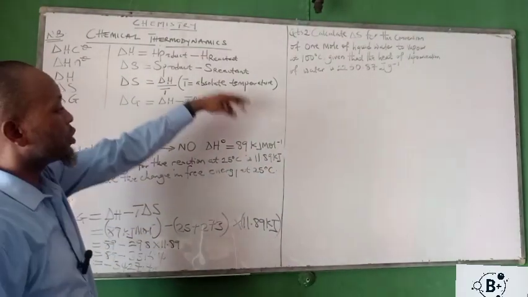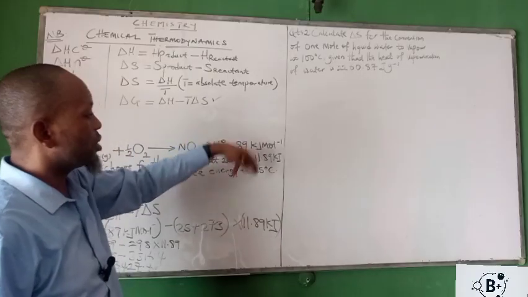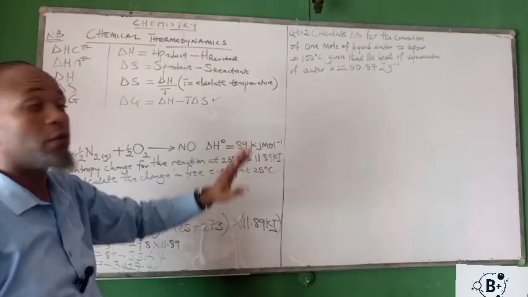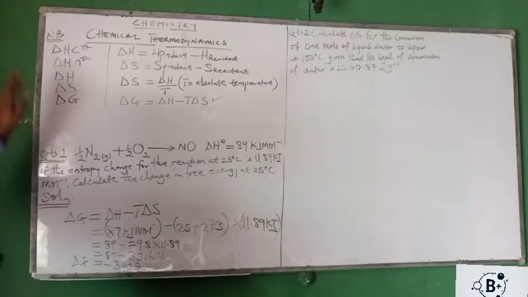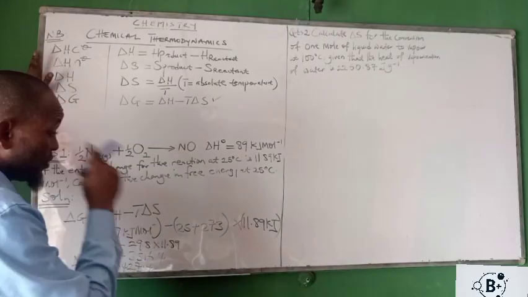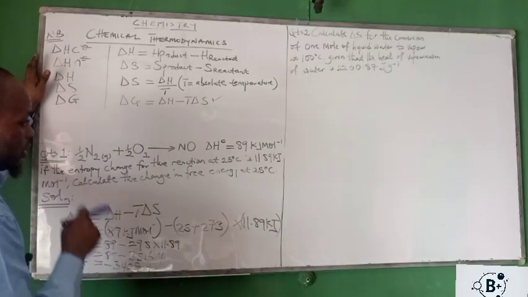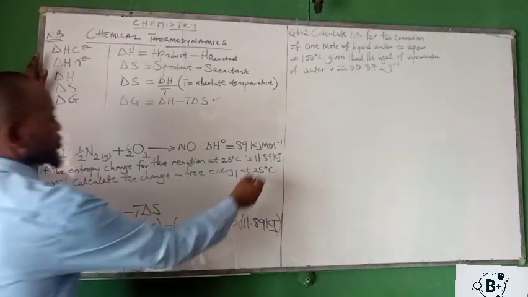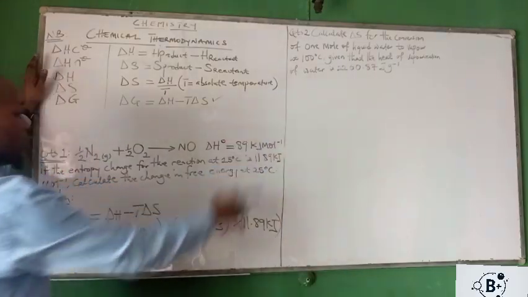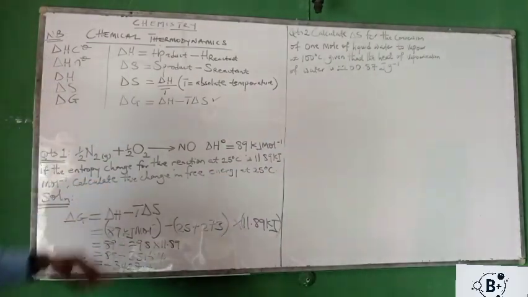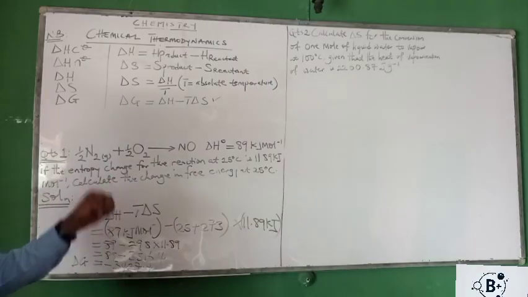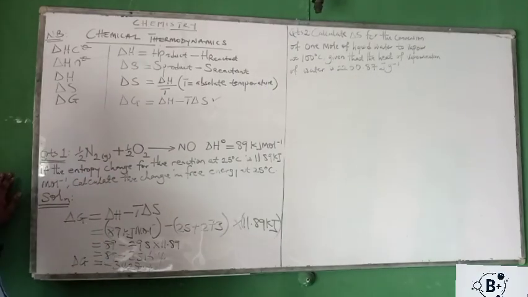If one of them is in kilojoule and the other one is in joule, it will be safe for you to convert everything to joule. Or if it's in kilojoule, you convert everything to kilojoule. Preferably convert everything to kilojoule, to be on the safer side. But now, both of them are in the same units, so no need for conversion.